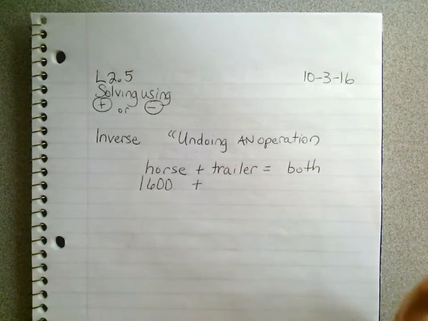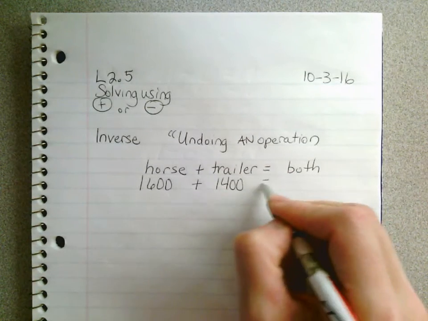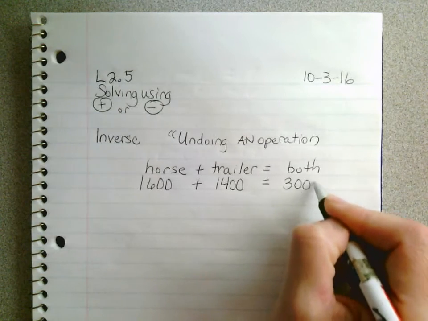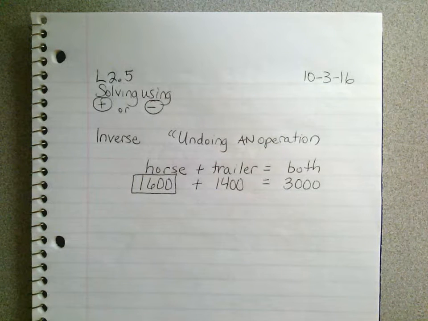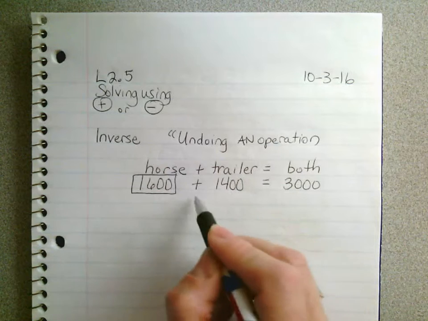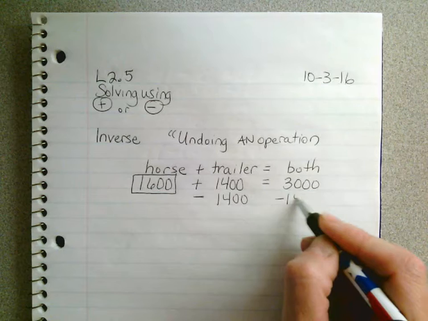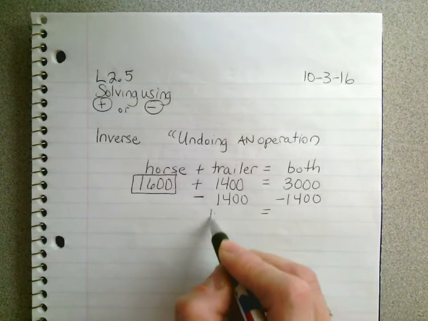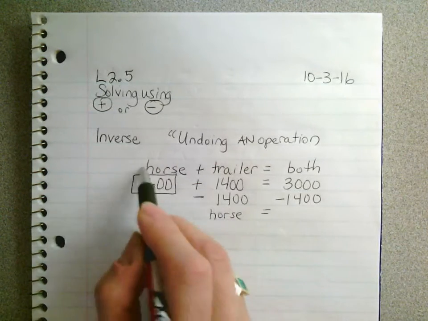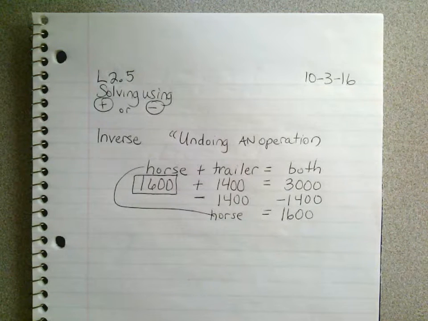We don't know that yet, by the way. The trailer is 1,400 pounds, and I have a 3,000 pound total. Now remember, I'm kind of saying that I don't know what the horse is, but if I undo the addition of the trailer, everybody should be taking notes, then I should come up with horse, which we already know equals 1,600 because I kind of gave you that.